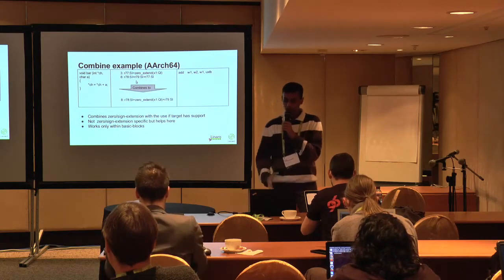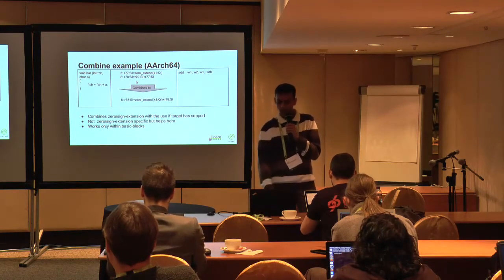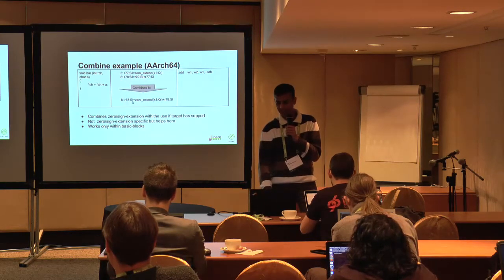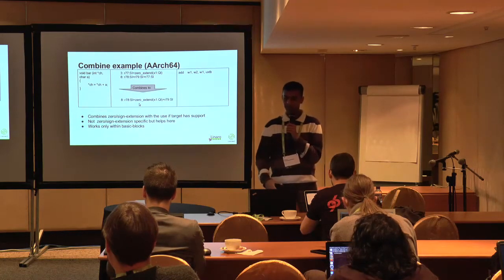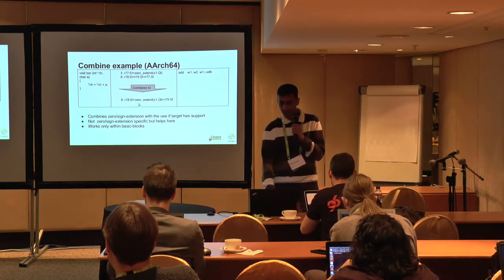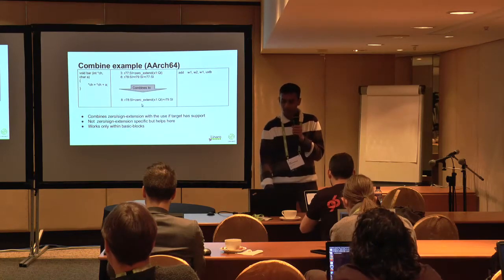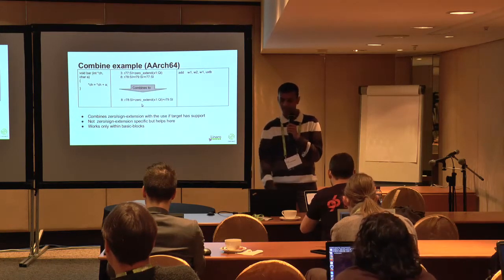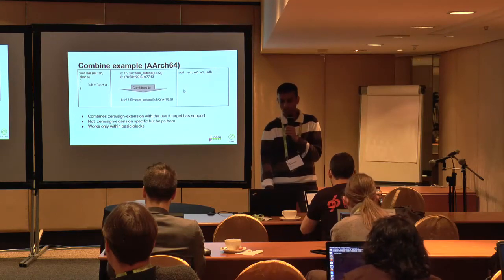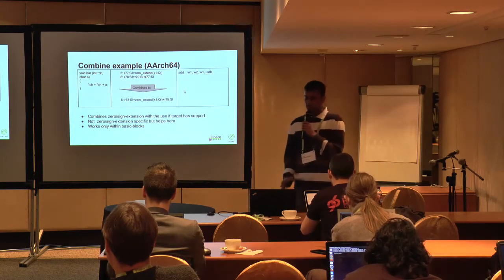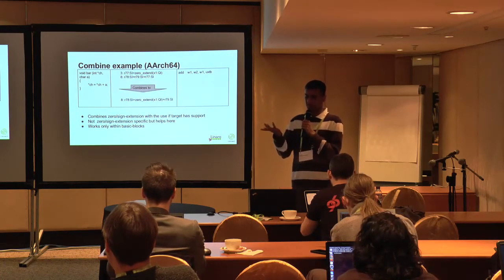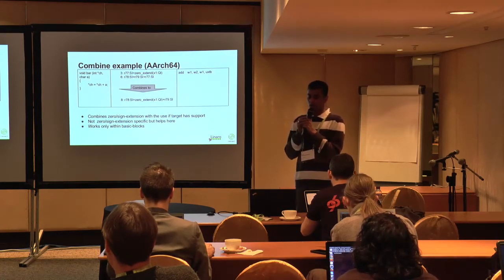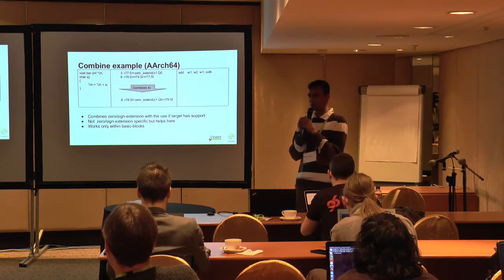Combine will try to combine these two instructions together if there is support for such an instruction in the target, basically the machine descriptor. In this case, AArch64 does have support for such an instruction, and it can optimize it. Please note that combine as such is not meant for zero/sign extension specific things, but it helps here. Also, combine works only within a single basic block.